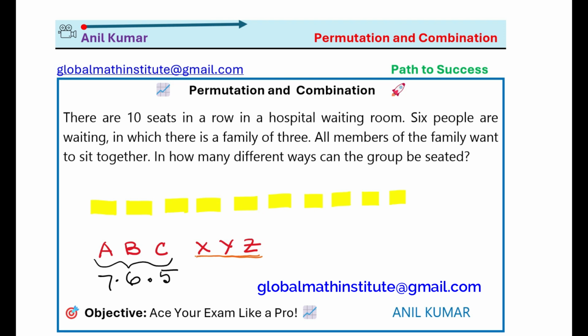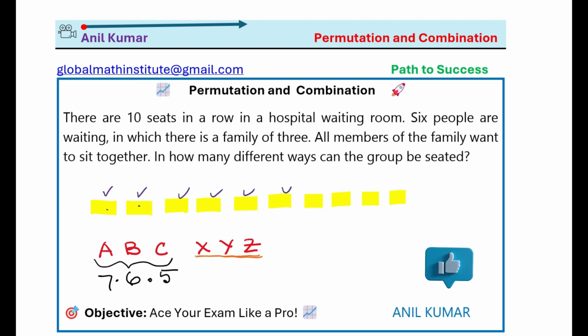Now, for the group of 3 people, what could be the possible chances? As a group, they could sit here, then the 3 seats will be taken. They have a choice to begin from the first place, second, third, fourth, fifth, sixth, seventh. They can also sit here.